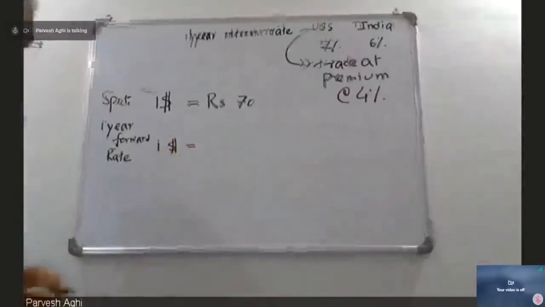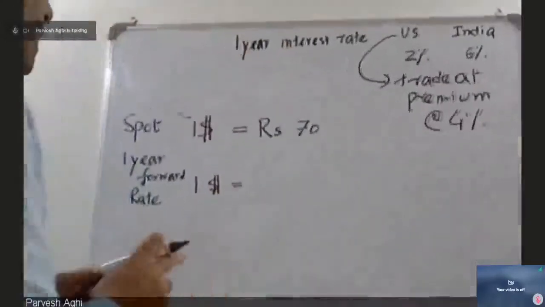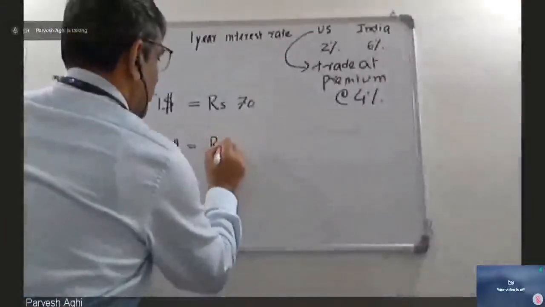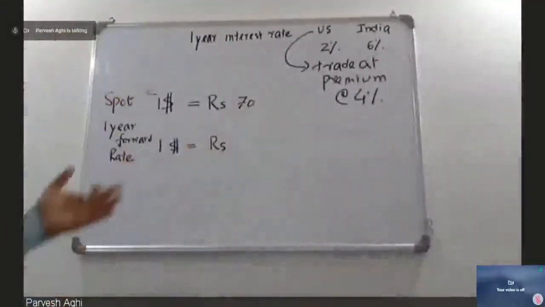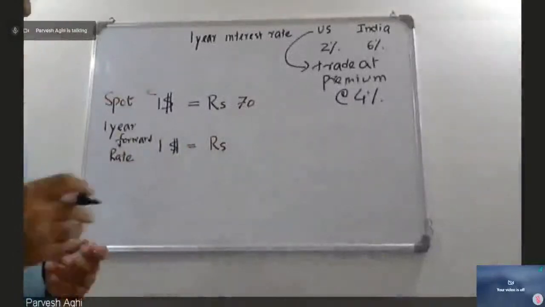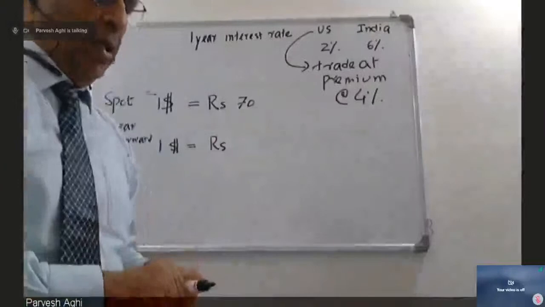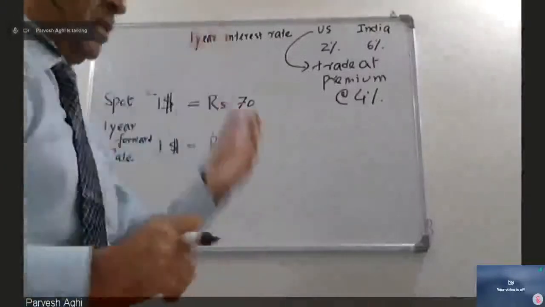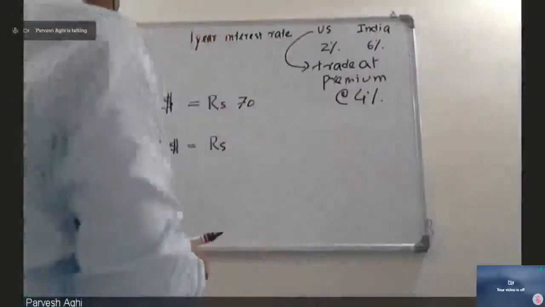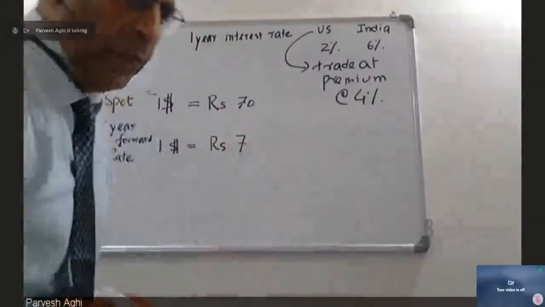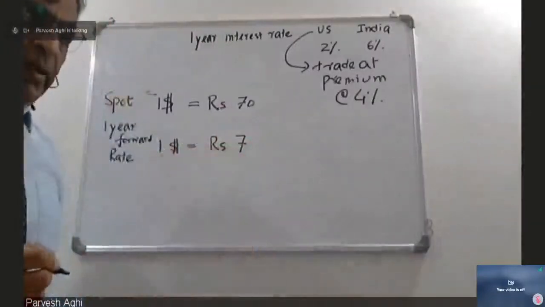I'll just wait for your answers. So what should the rupee look like after 1 year? If the interest parity theory is really playing out in reality, what should be the rate after 1 year? Please give me your answer. I'm just waiting for the second figure.